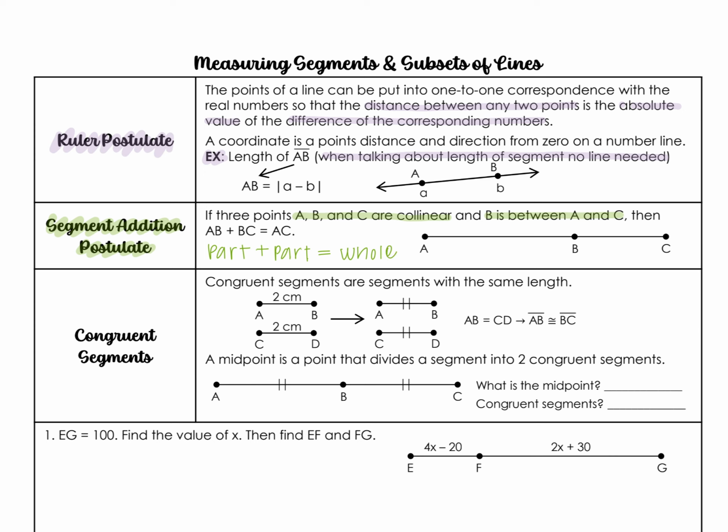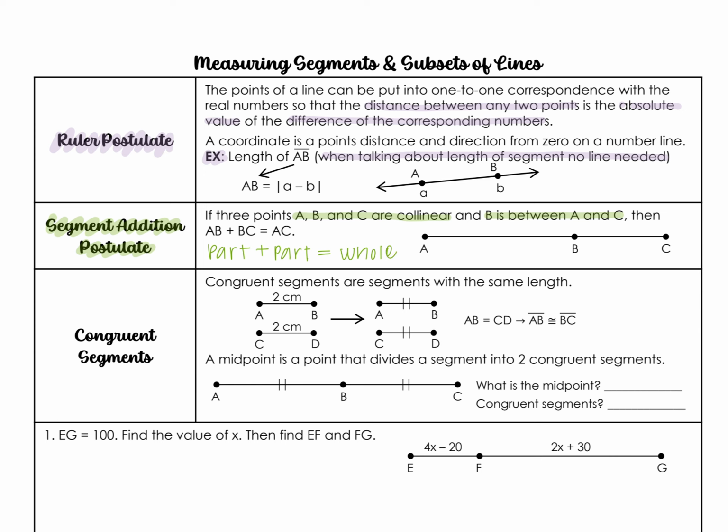Looking back to our segment addition, we can use that part plus part equals whole. My first part is 4x minus 20, plus 2x plus 30, which should be equal to the entire length, which they gave us was 100.